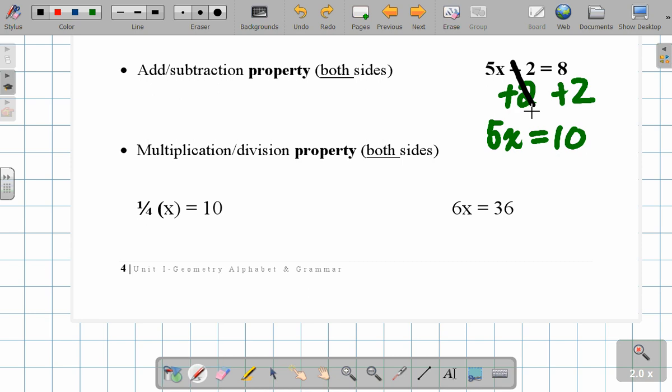Now, only on one side, addition, subtraction, property.